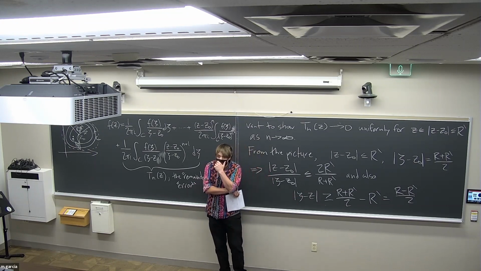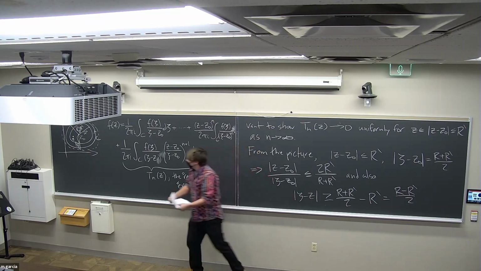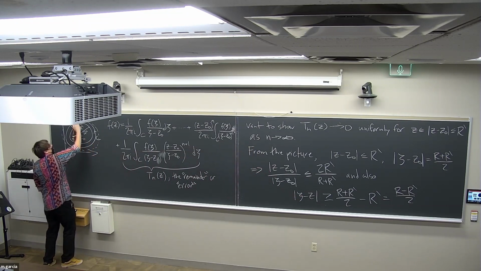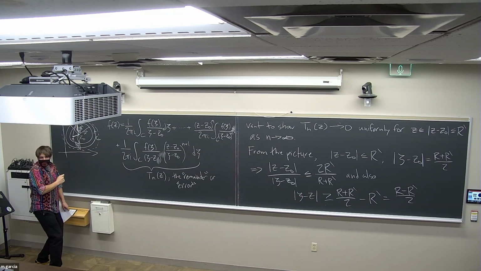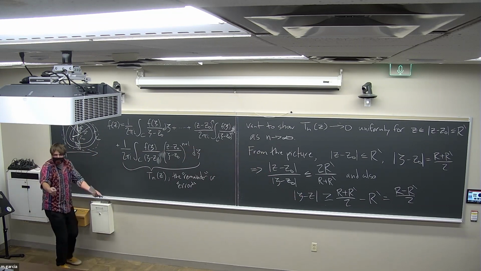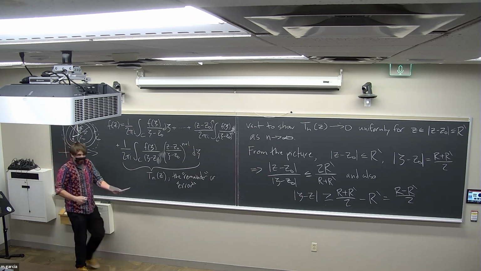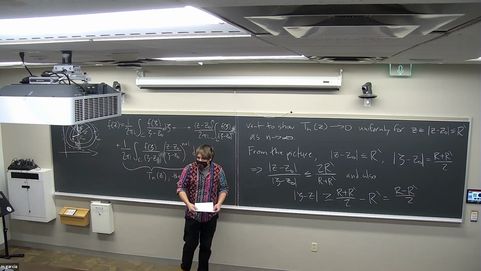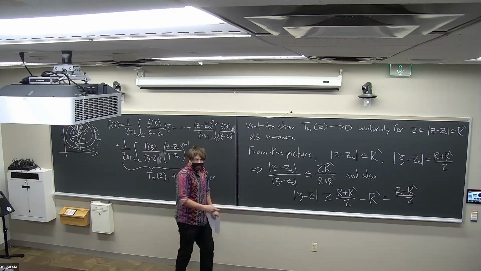It's outside of the r plus r prime. The triangle inequality, right? Yeah, that's exactly what you were saying. I just want to emphasize that things come back to the triangle inequality quite often.